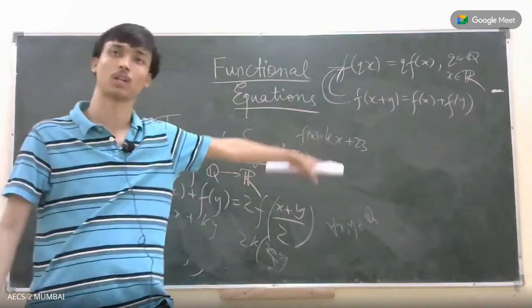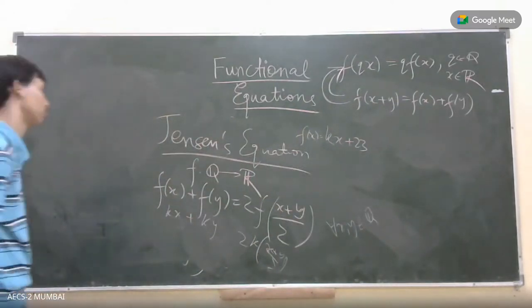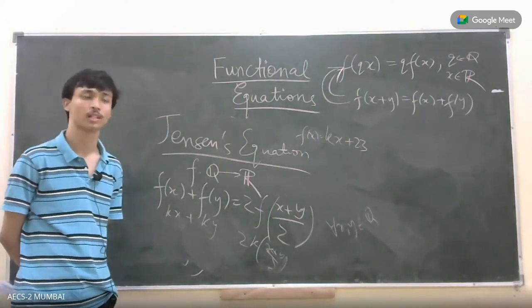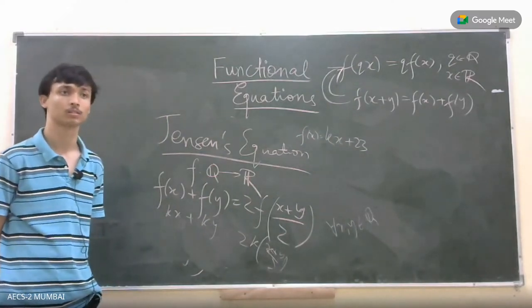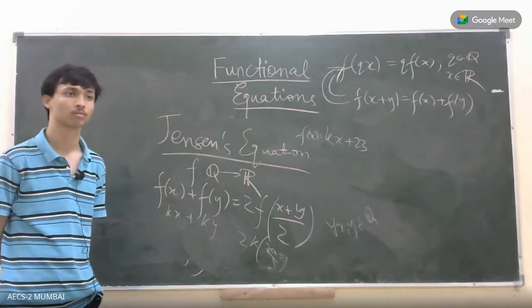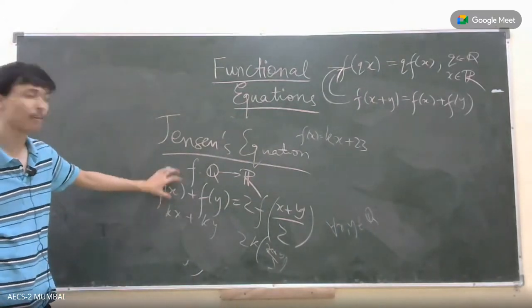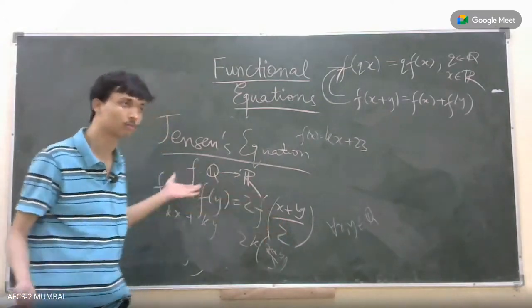Please check. Does it work or not? f(x) = kx + 23. Yes, right, because you have plus 23 here, plus 23 here, and you have 2 times 23 here.